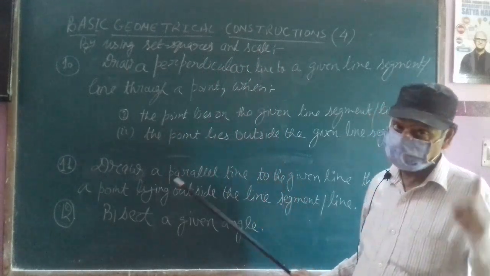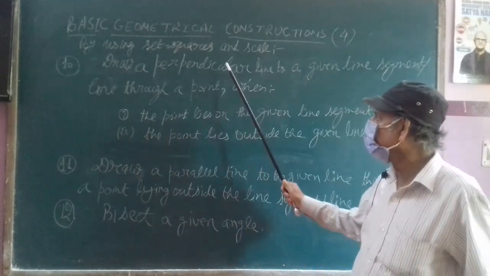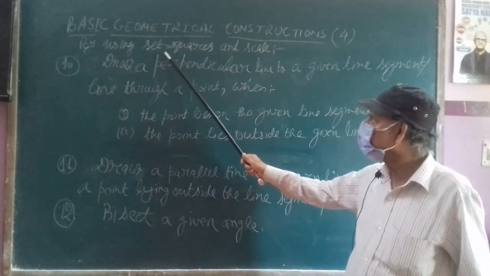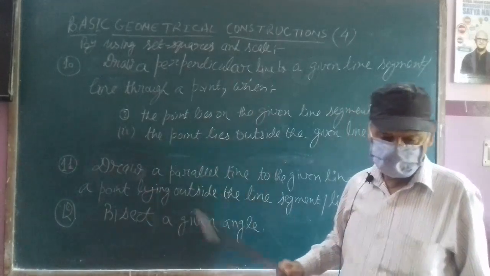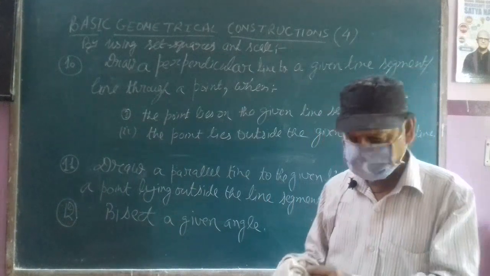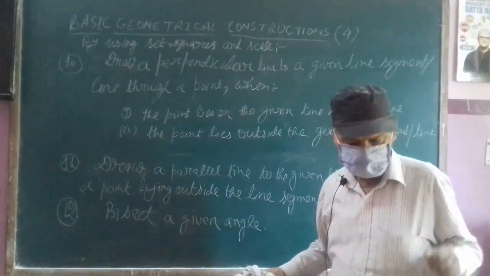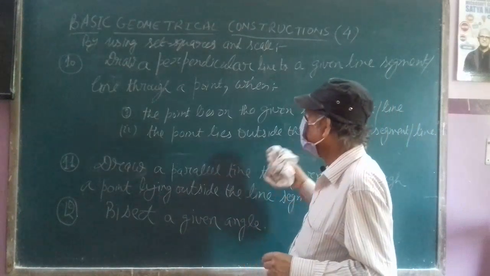You have done it earlier also with the help of compass, but today you have to do it with set square and scale. You must see how fast the work of set square is and how simple. Now I will do this.